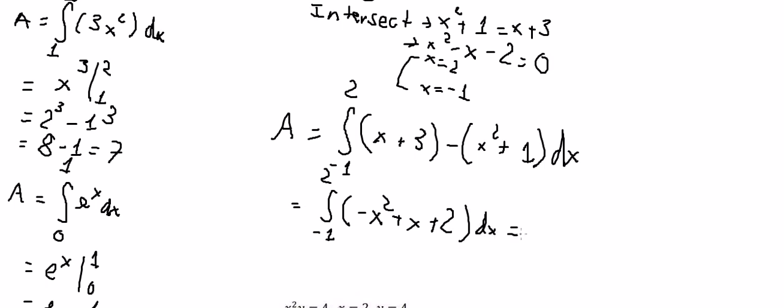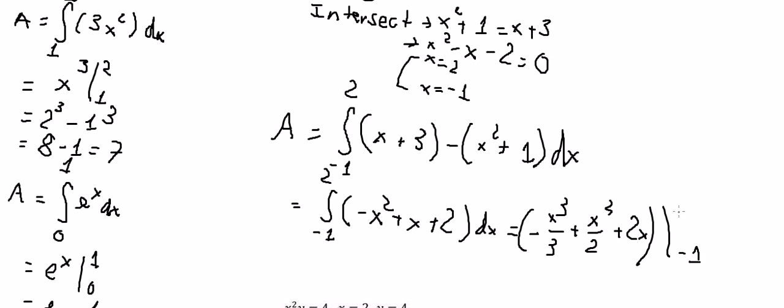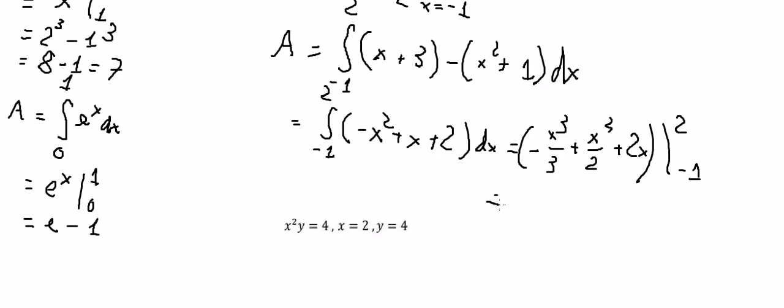So we get negative x to the power of 3 over 3 plus x squared over 2 plus 2x, and we put the limits in here, negative 1 to 2. So we get the final answer, 9 over 2.